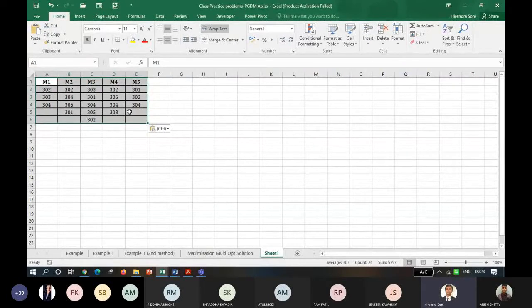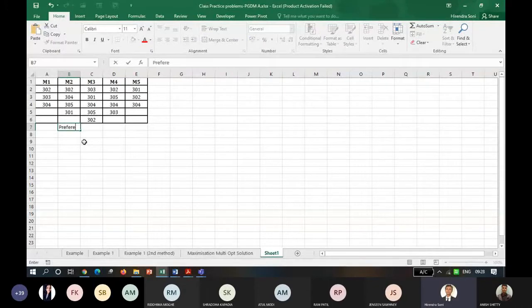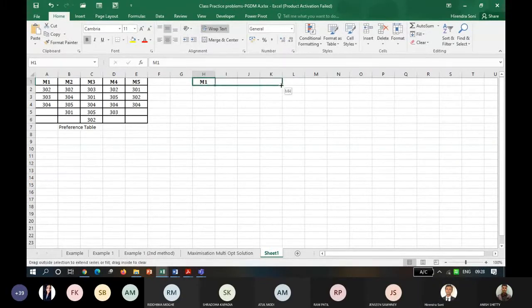ठीक है. What we are going to do is, this is your preference table. What we are going to create out of it is, and here we will have our rooms.